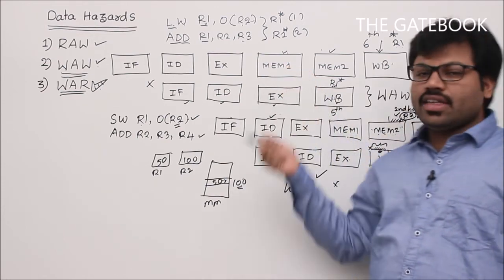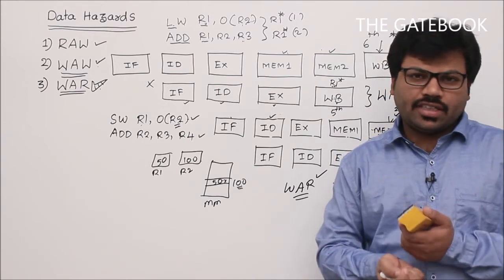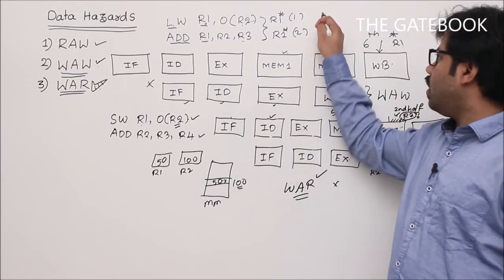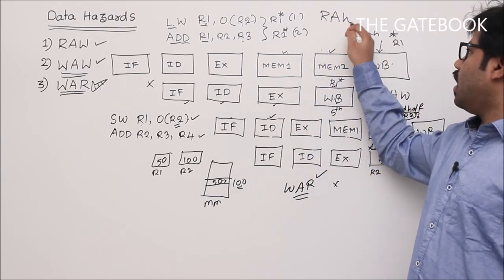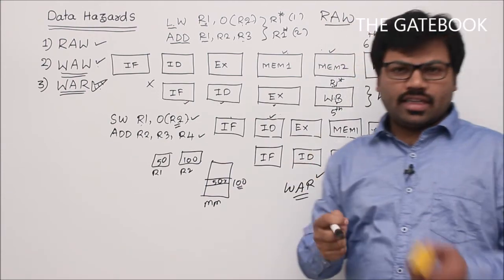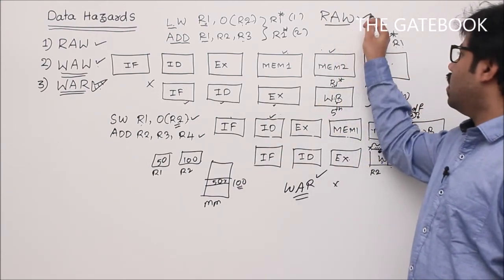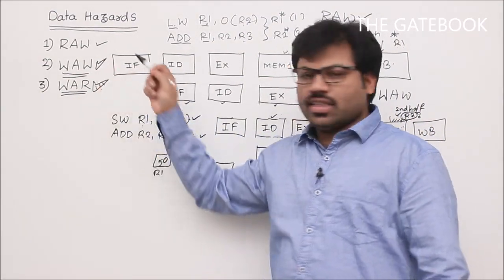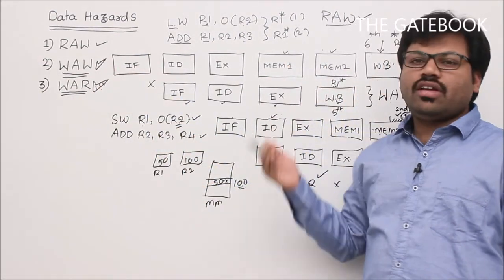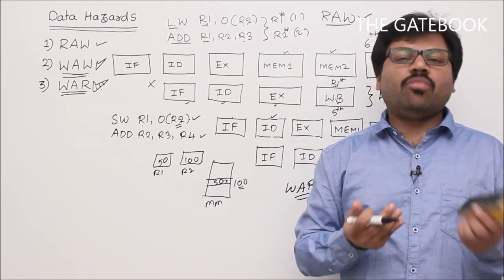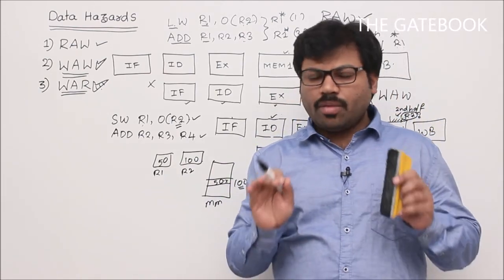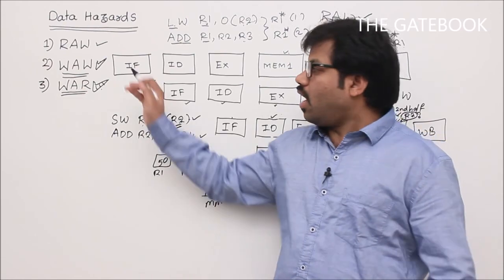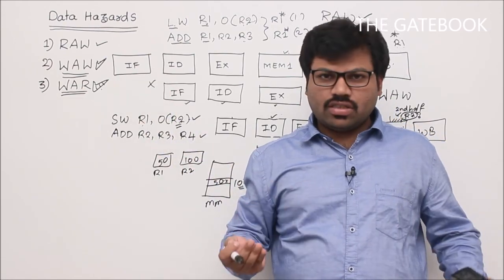So these are the various classifications of hazards. Already we know that RAW is one famous hazard, because in our regular examples you get RAW hazards, but for WAW hazard and WAR hazard we need different kinds of pipelines or different kinds of models, right? Finally, remember this: only RAW hazards are possible in our models.